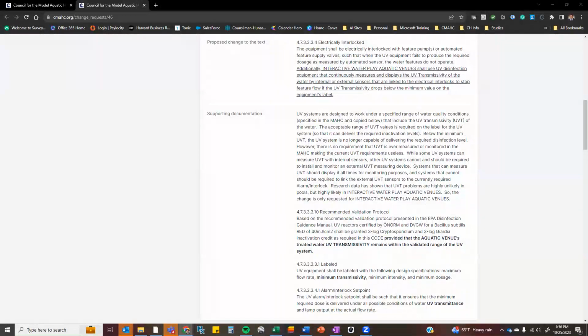So are we creating another reason for interlocking that is in addition to or in excess of the original dosage intention?